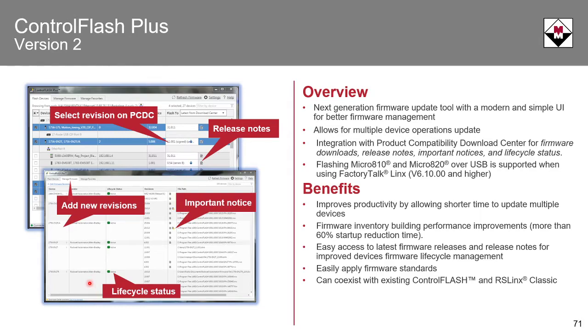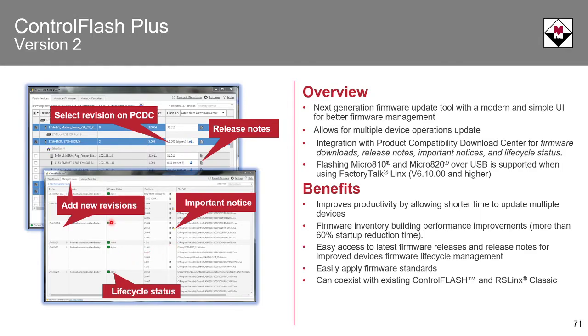And the nicest feature, if you're connected to the internet, it'll automatically connect to the Rockwell Product Compatibility and Download Center, which I had mentioned before, and it will show you all of the available revisions for that associated device, with important notices and release notes associated with that firmware.